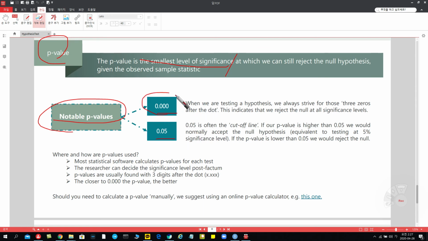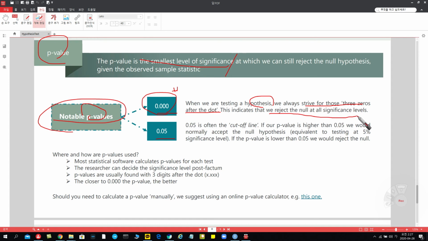Actually, if you use statistics programming, like R or Python, as a result you can get a p-value like 0.0000 this way. When we are testing the hypothesis, we always strive for those three zeros after the dot.